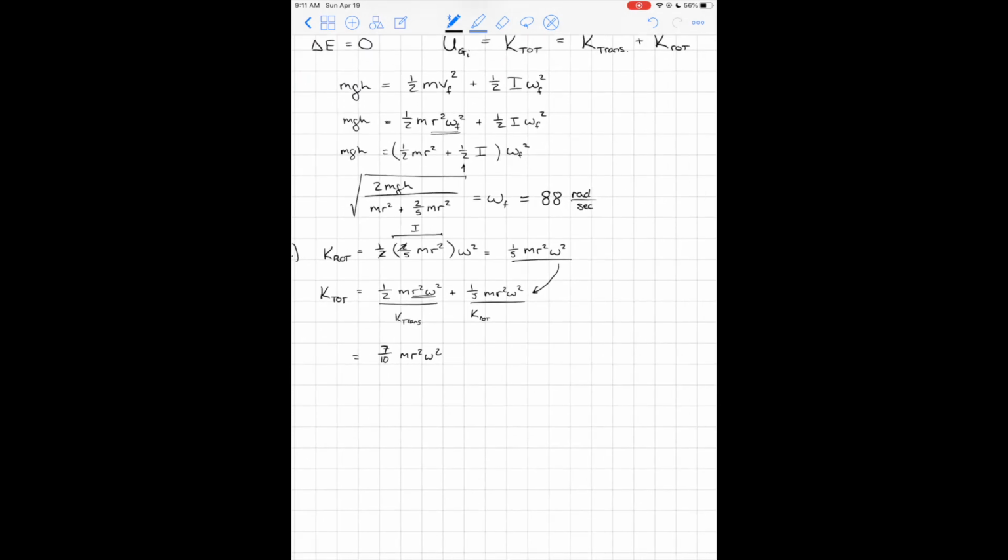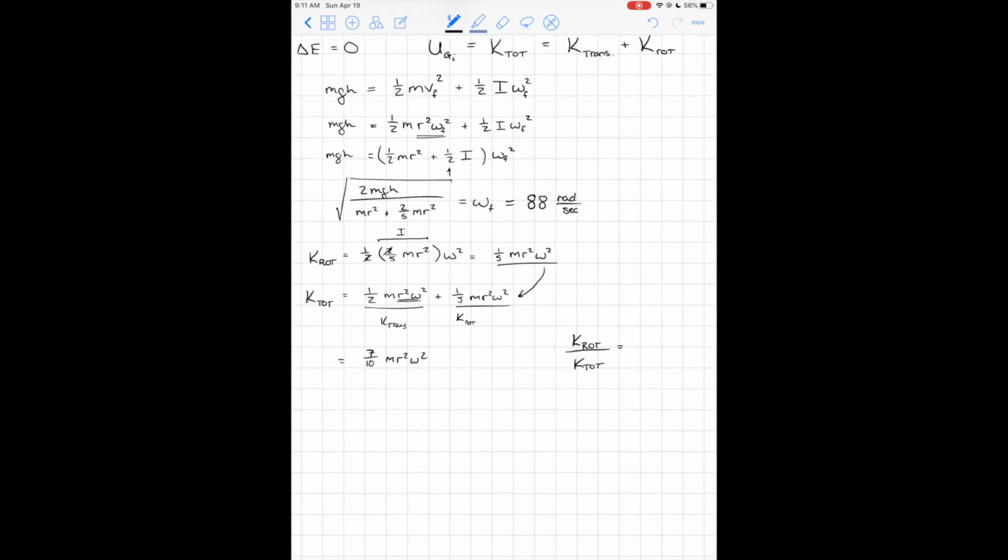So now I'm saying, what is the ratio, essentially? What is the fraction of K rotational over K total? If I write out our expressions, I have 1 over 5 mr squared omega squared over 7 over 10 mr squared omega squared, right? This is why I said let's hold off on putting the omegas and everything in, calculating. I know that we like to use numbers, but sometimes we can just make our lives so much easier when we just hold off for a second.